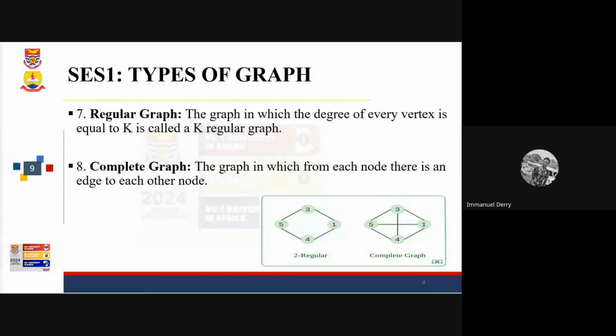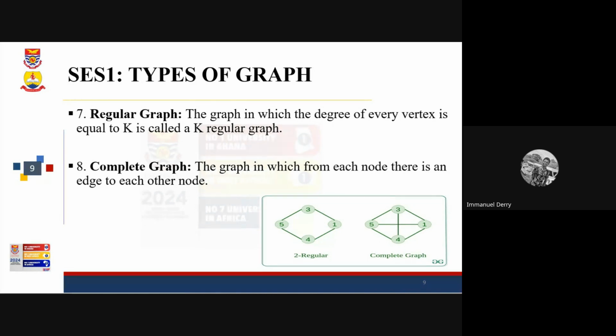All right. So I was talking about regular graph, the graph in which the degree of every vertex is equal to k. When we say the degree of a vertex, we are basically saying how many edges are connected to a particular node.